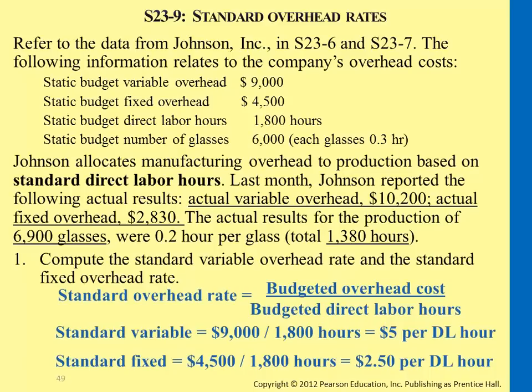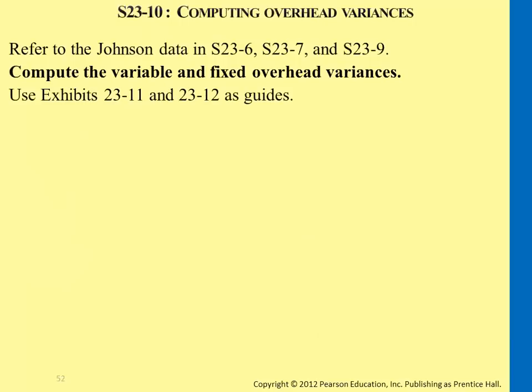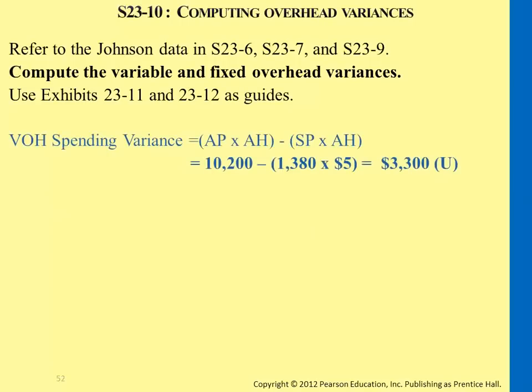Which would be 1,380 hours. So this together is what we're trying to compare against, the standard. What could have happened using $5, and we want to know whether we used more than that or less than that. Right, so for spending variances, the total cost we actually paid out is $10,200. Then the cost that could have occurred for these hours would be using a variable rate of $5.